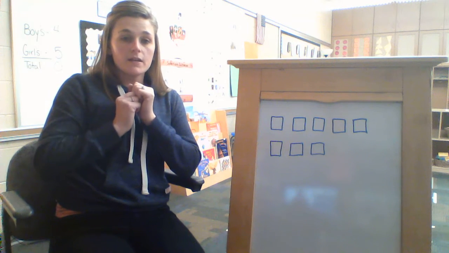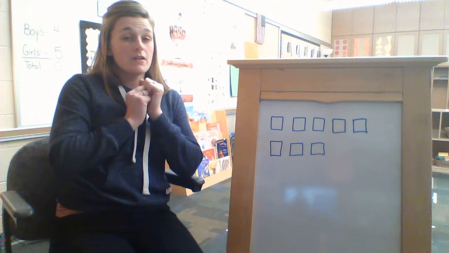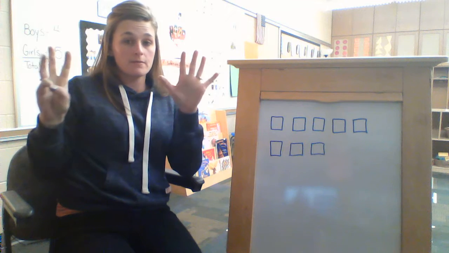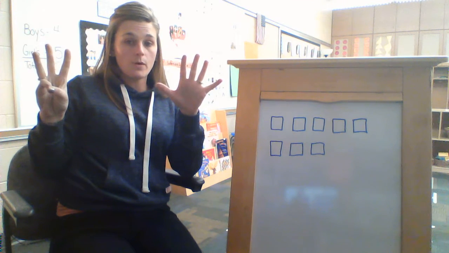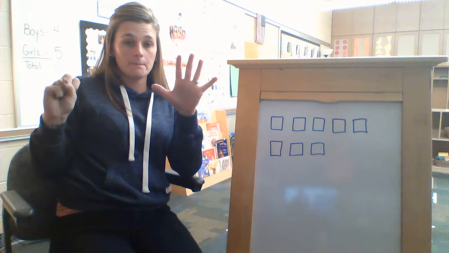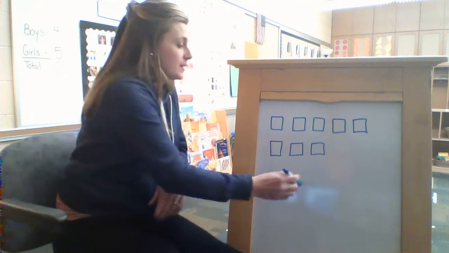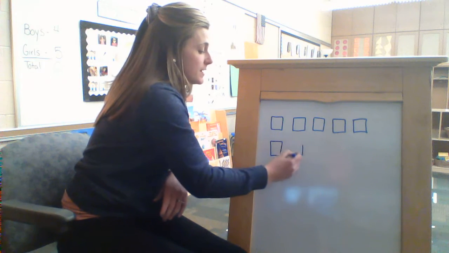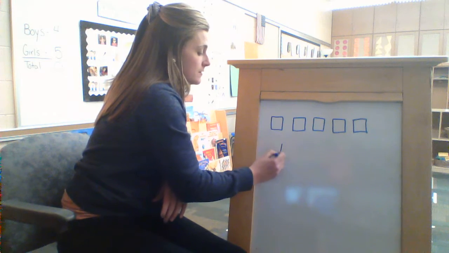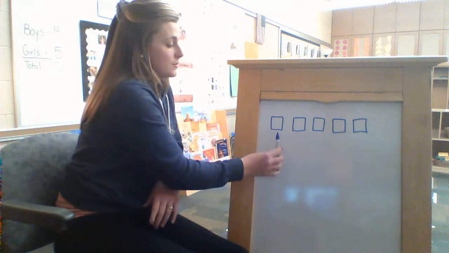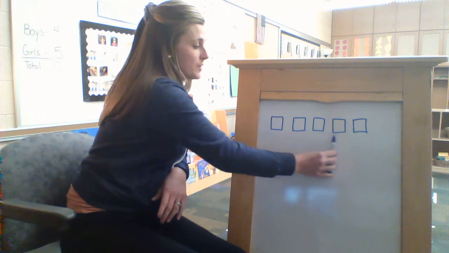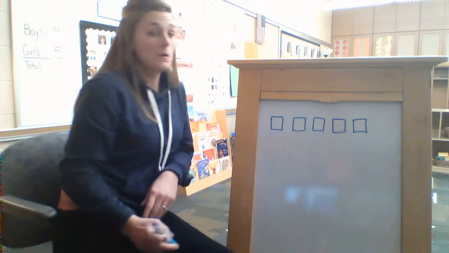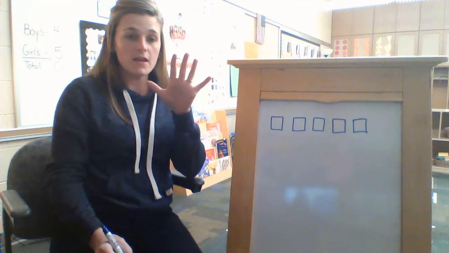If we were to take 3 squares away, what would we have then? I think it's 5. Let's see. So we had 8 squares, and we're taking these 3 away again. How many is left? 1, 2, 3, 4, 5. We're back at 5 again.